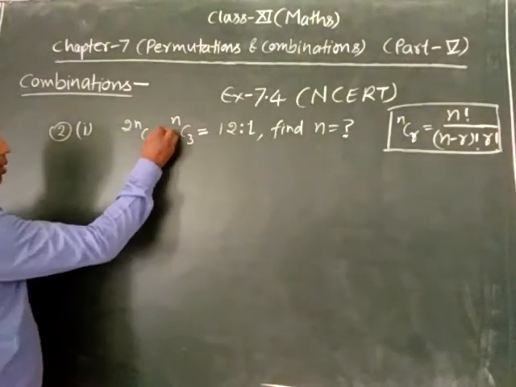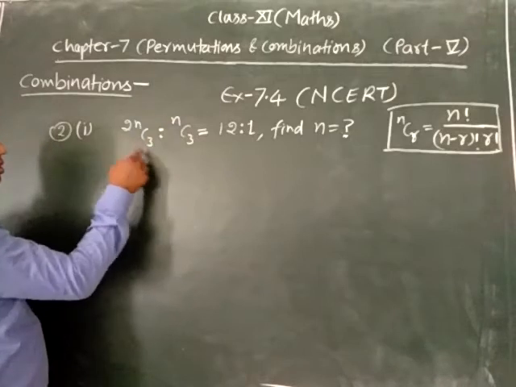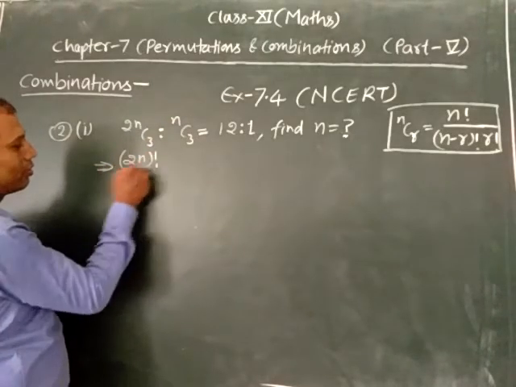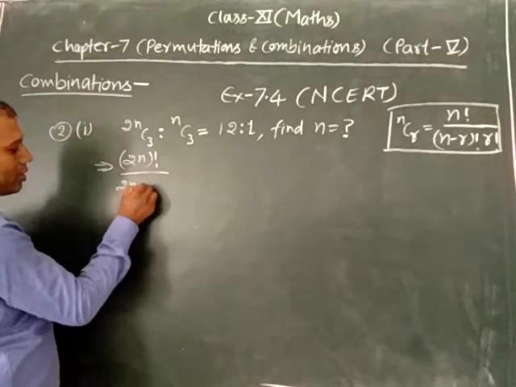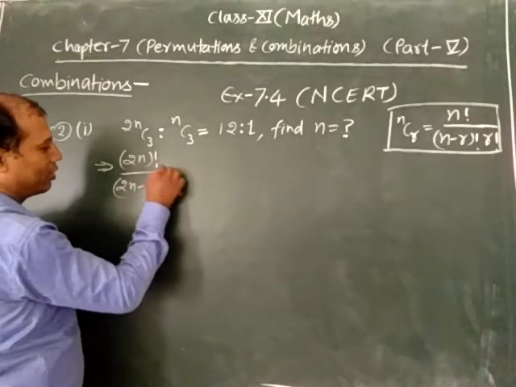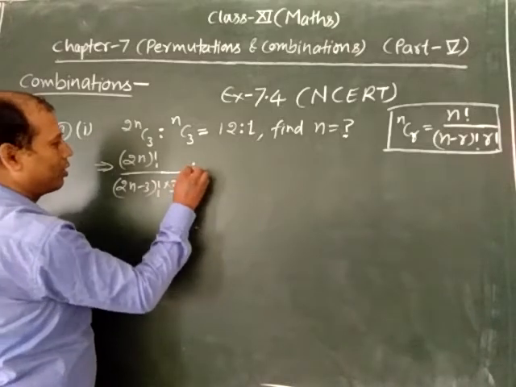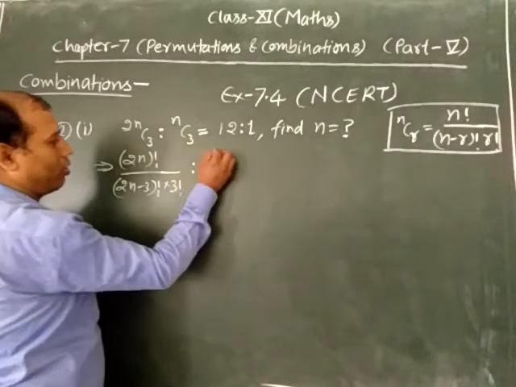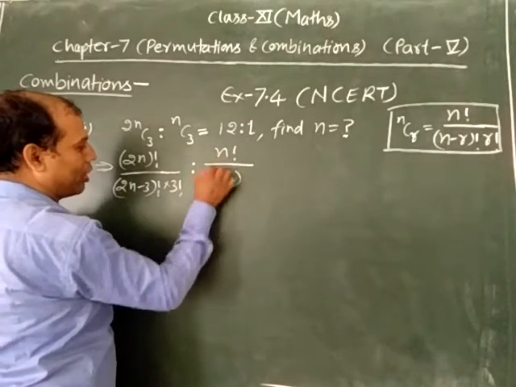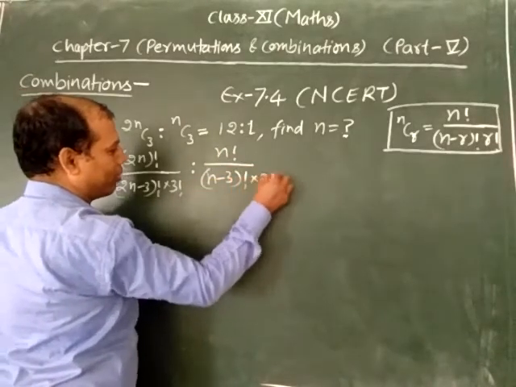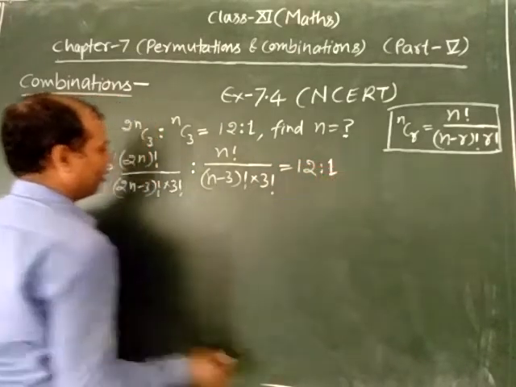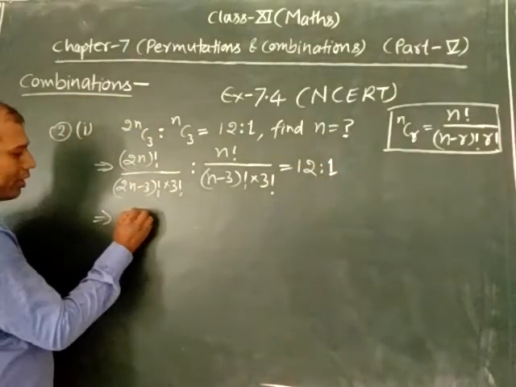So, for the first term, we can write factorial 2n by factorial 2n minus 3 into factorial 3, the ratio, and for this we can write factorial n by factorial n minus 3 into factorial 3, which is equal to 12:1.